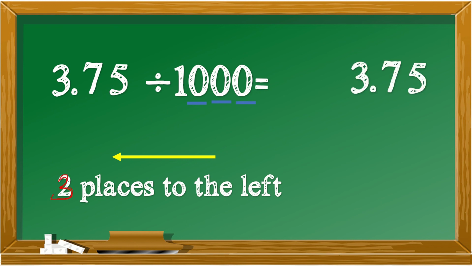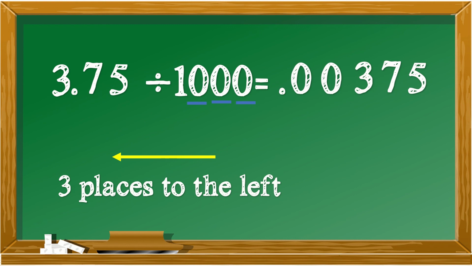Copy first 3 and 75 hundredths. Then move 3 decimal places to the left. 1, 2, 3. And put 2 zeros as placeholder. Remove the previous decimal point. So we have 375 hundred thousandths as the quotient.